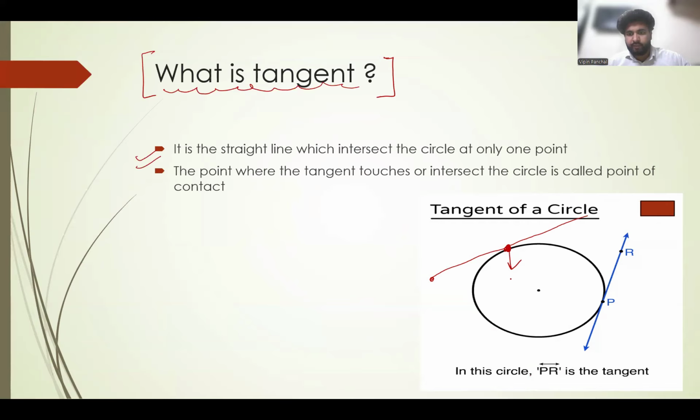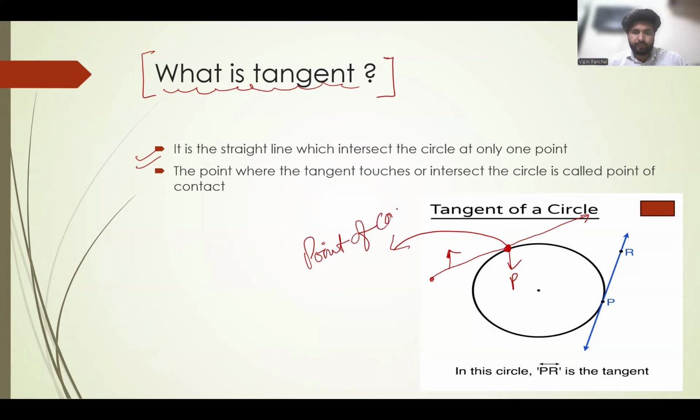Suppose this point is P. So this straight line is known as a tangent. And the point where the straight line touches the circle is known as the point of contact.